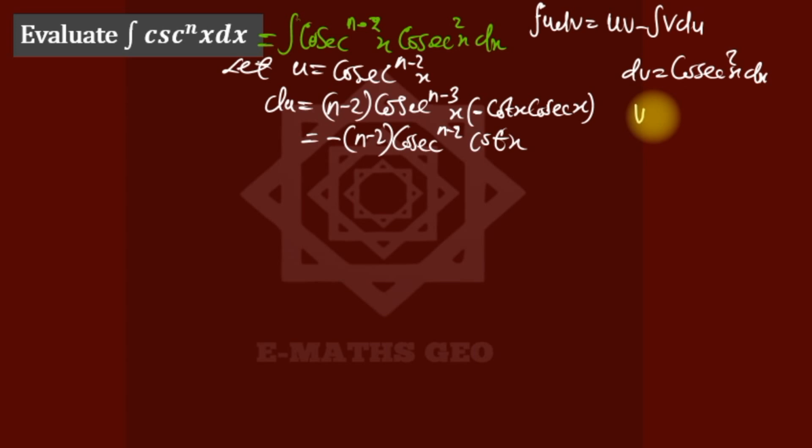And v here, if you integrate cosec squared x, is now minus cot x. So let's now substitute.